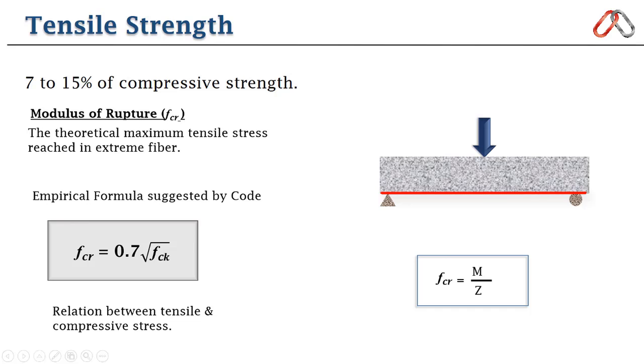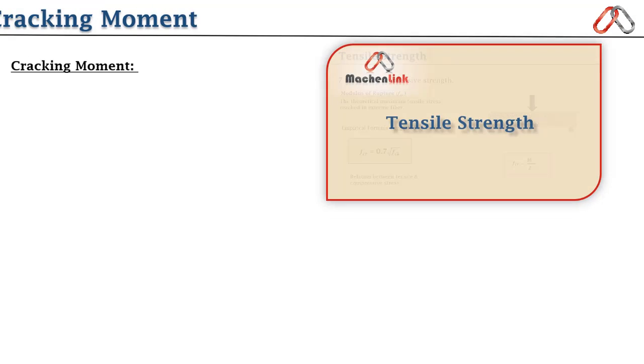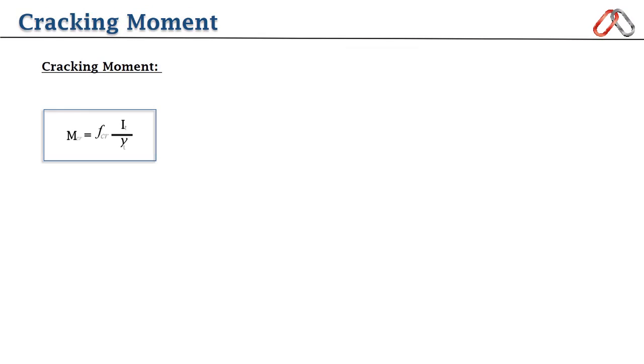On applying load on the beam section, the extreme tension fiber is expected to crack first before any other fiber. So at the time of crack, stresses induced in the beam reach the value of modulus of rupture fcr. The moment at first crack is known as cracking moment.